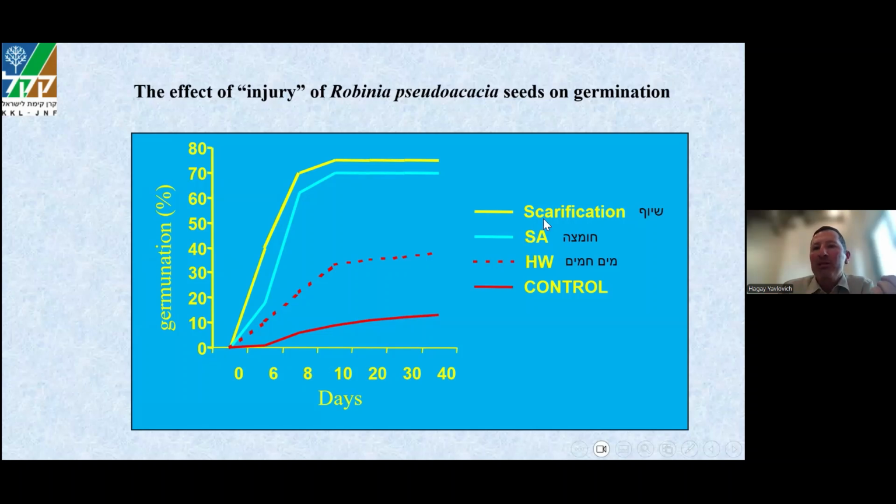But if we use scarification for the seeds, or sulfuric acid, the percentage of germination goes much higher, close to 70%. So we see that if we make any injury to the seed coat, the germination goes up.